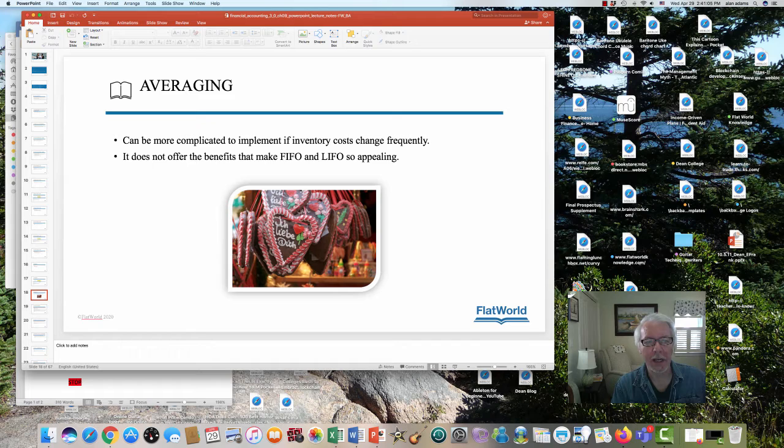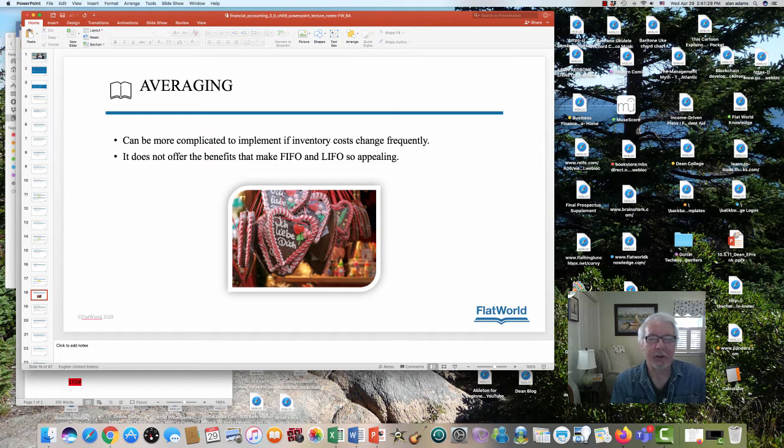Okay, so I, in my several decades of experience in the wonderful world of accounting, have not seen averaging used, although it is in the book, it is cited as being used by Bristol Myers Squibb, big pharmaceutical company. I'm citing page 324. Okay. Averaging, as the book says, does not offer the benefits that make FIFO and LIFO so appealing.